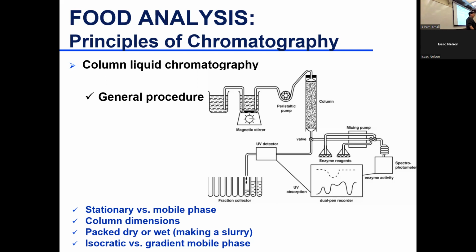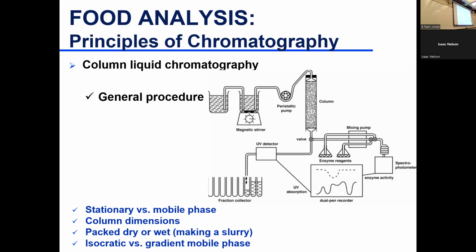We have different types of columns that we use in column liquid chromatography. We have the low pressure system and we have the high pressure system. The low pressure system is basically glass columns, big, round, mostly glass. There's plastic, but it's mostly glass columns that we fill ourselves with media. And we run our samples under low pressure because it is not packed as tightly as the columns we usually use with high performance chromatography, which generate a lot of back pressure.